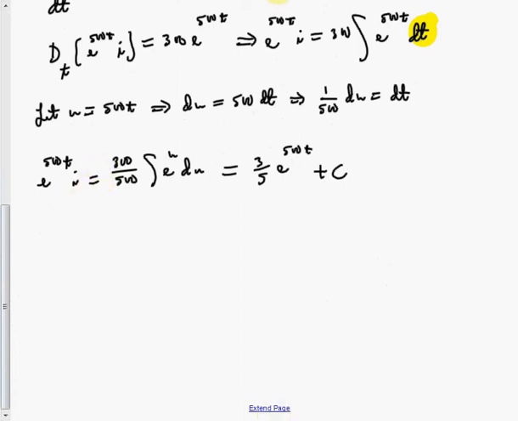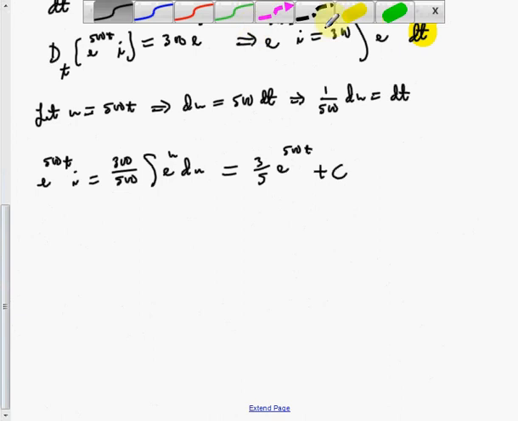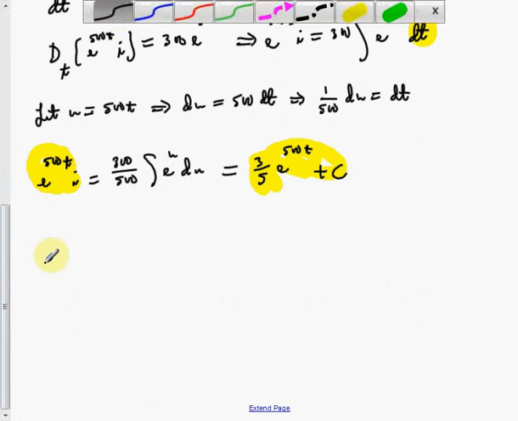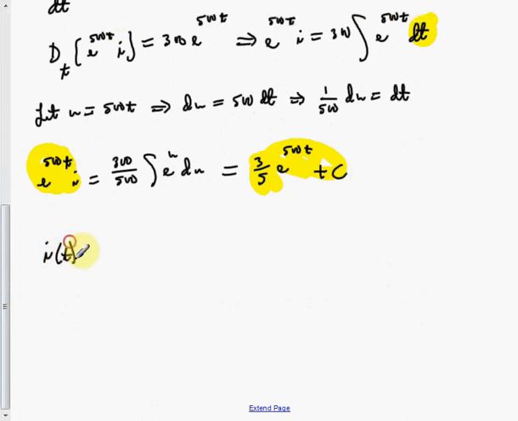So looking at this, if you divide both sides by e to the 500t, then I of t is equal to 3 over 5, I'm dividing by e to the 500t, plus c times e to the negative 500t.